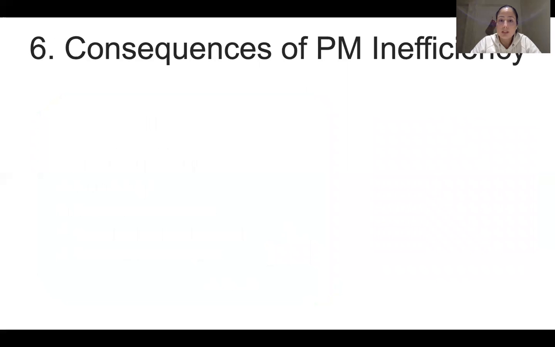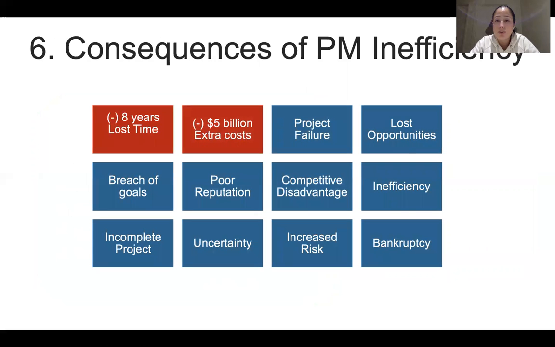But what are the consequences of project management inefficiency? In the case study, what happened? There are two terrible consequences that really happened, in terms of time and cost. The time was that the project lost around 8 years because the project started in 2001 and lasted until 2008.